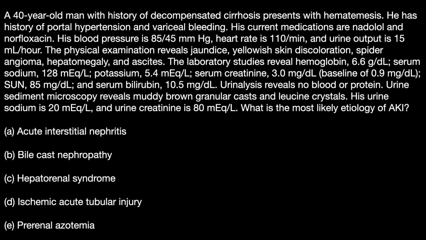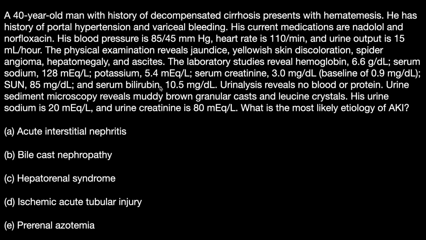The thing that points towards the diagnosis is the granular cast, that is muddy brown granular cast, which is ruling out hepatorenal syndrome. And mind you, bilirubin casts will be seen mostly if the bilirubin is more than 15.